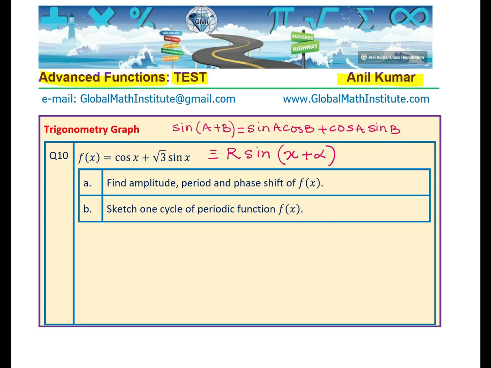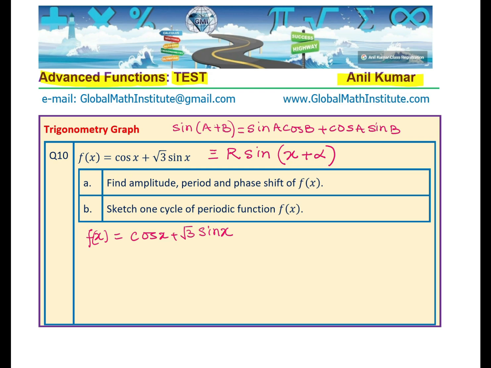So how do we get this value? What we are going to do is the coefficient of cos x is 1. So let's begin by writing the equation given to us as cos x plus square root 3 sine x. Since we want sine a cos b, let's say it is given to us.